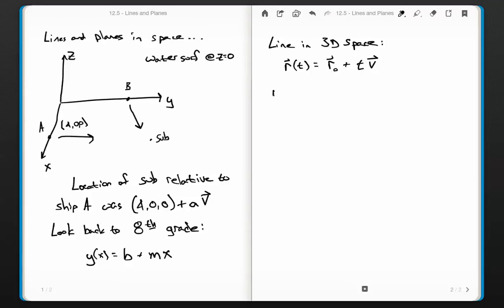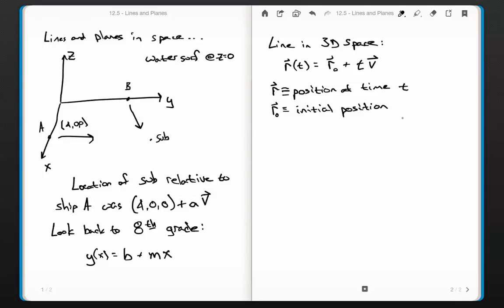So r is the position at, well, I'm just going to call it time t. And r sub 0 is the initial position, like that.